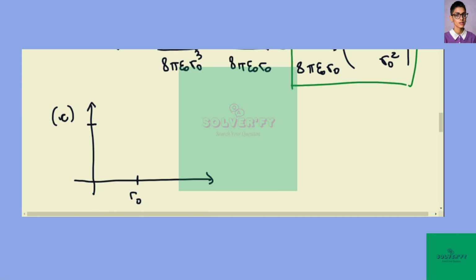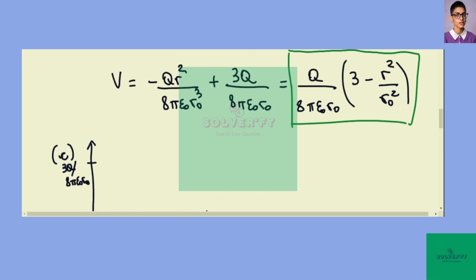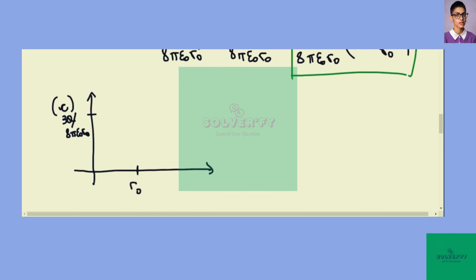So it starts with 3Q over 8 pi epsilon 0 r0, and finally it becomes Q over 8 pi epsilon 0 r0, and it decays like this, initially as a parabola, till it reaches r0.